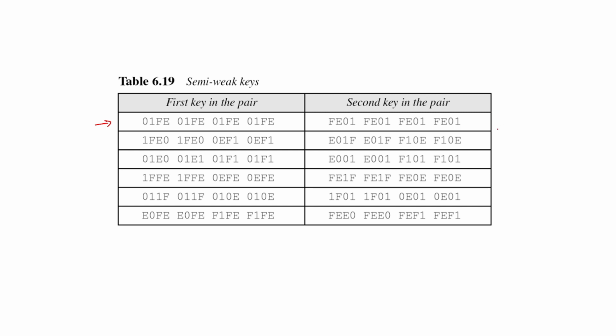Why do we call it a semi-weak key? A semi-weak key creates only 2 different round keys.